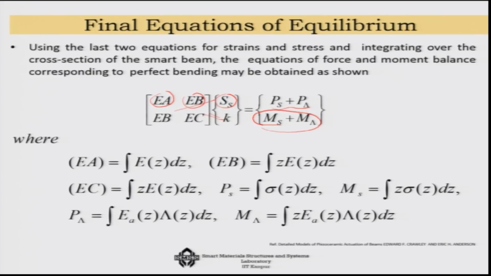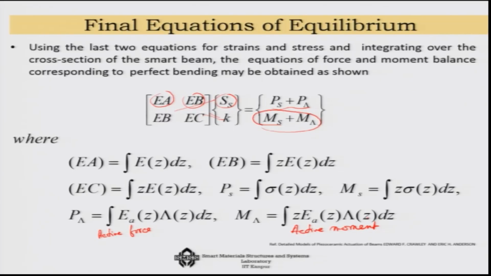So, keep in mind that P lambda and M lambda are the active force and the active moment, whereas P S and M S are the mechanical load and the moment.